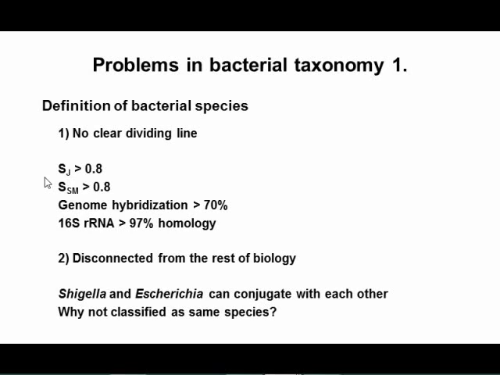So normally, you would say that these two should be the same species. And probably they are, but of course, this is for historical reasons: these two isolates were defined separately as two species and have retained their old species names.